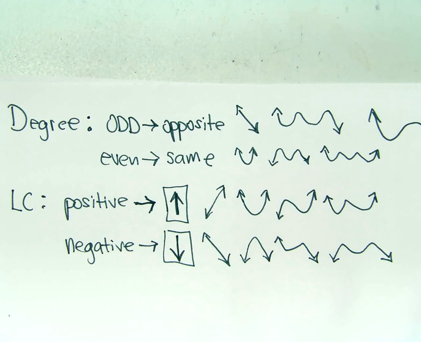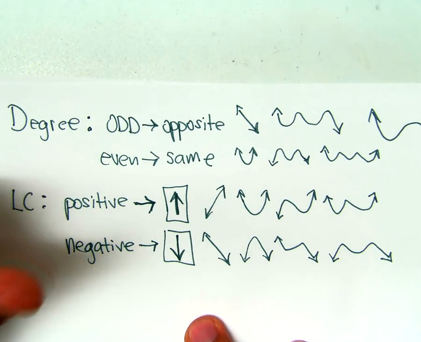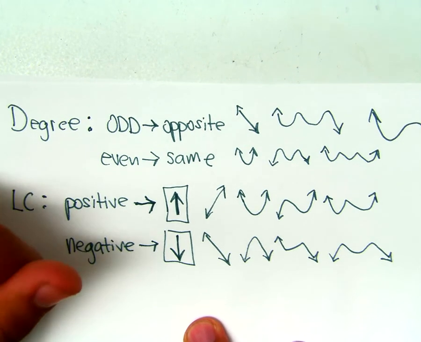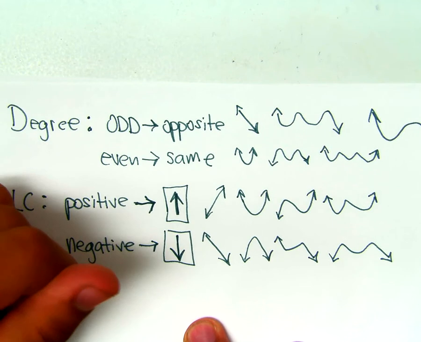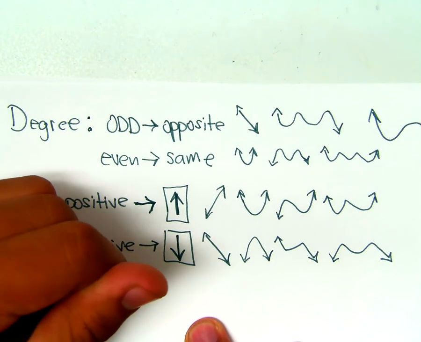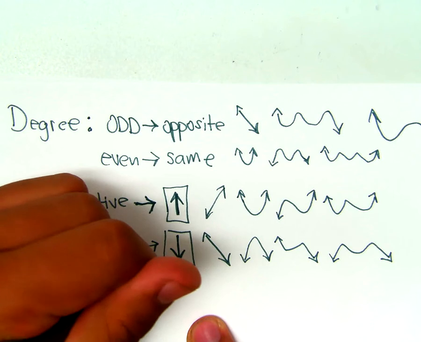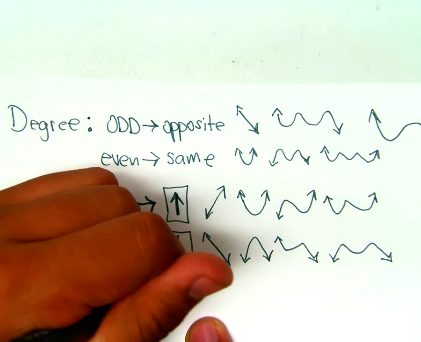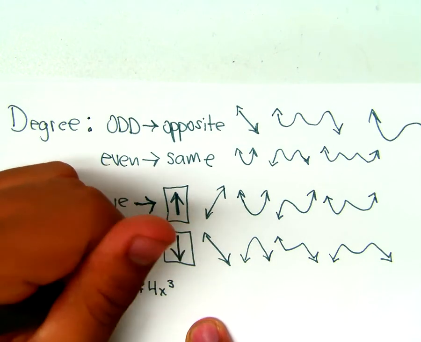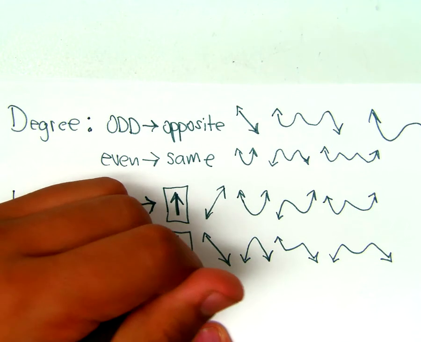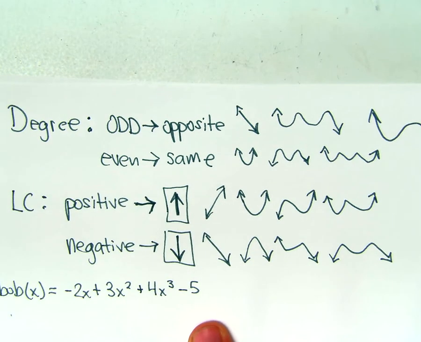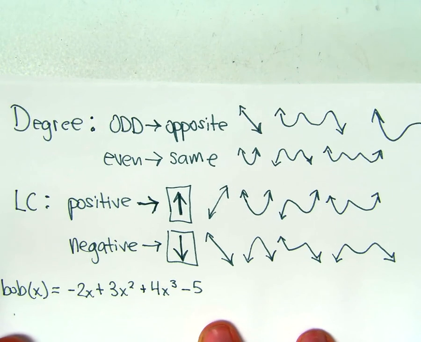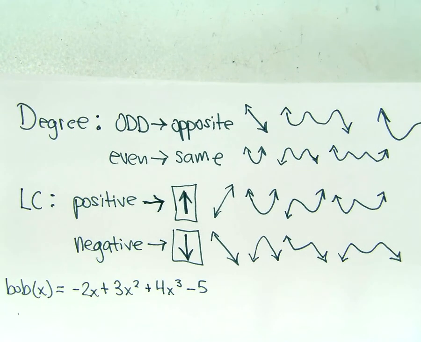So now, if I give you a function, we'll call it Bob. Bob of x equals negative 2x plus 3x squared plus 4x cubed minus 5x.